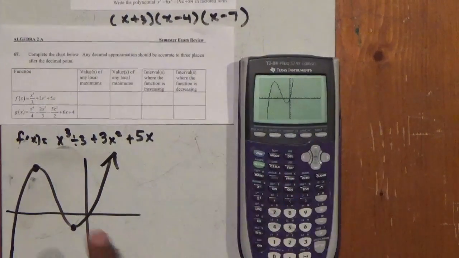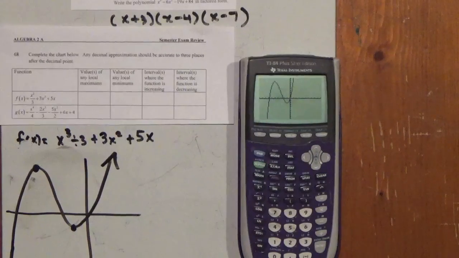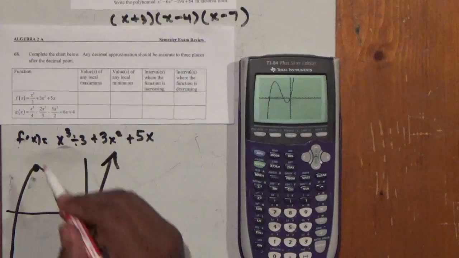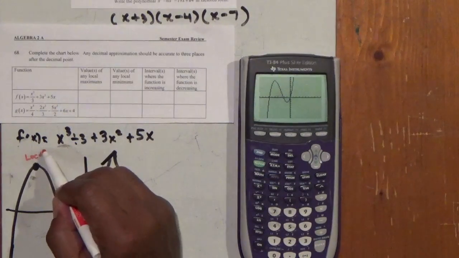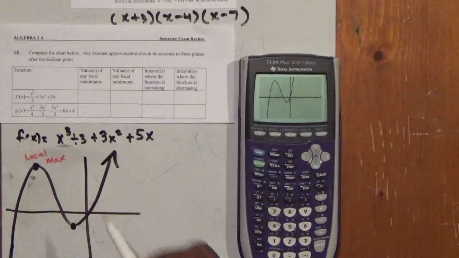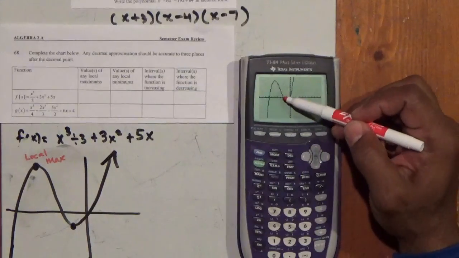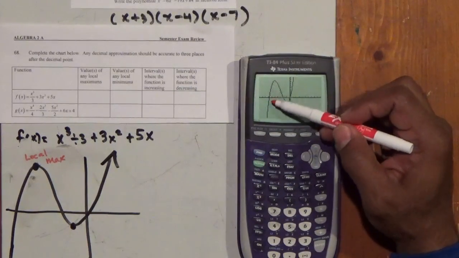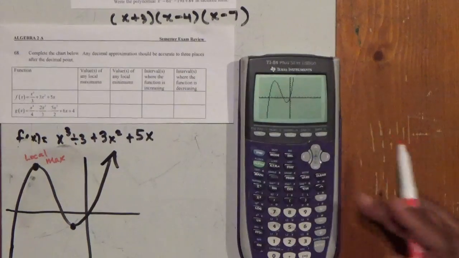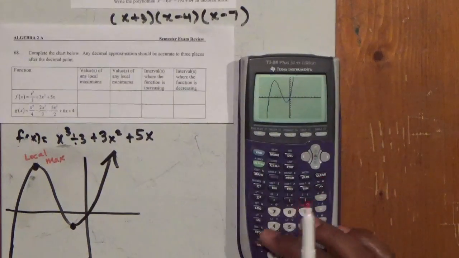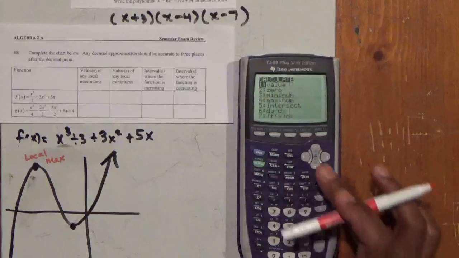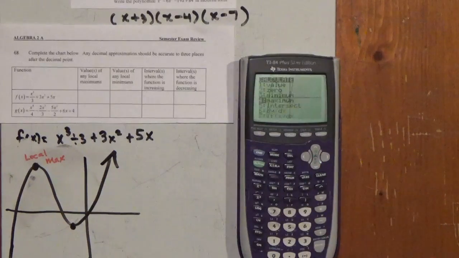If we're looking for that max, there's a local max. It looks like 1, 2, 3, 4, 5. It's somewhere around -5 and -6. So we're going to go second calc, max.